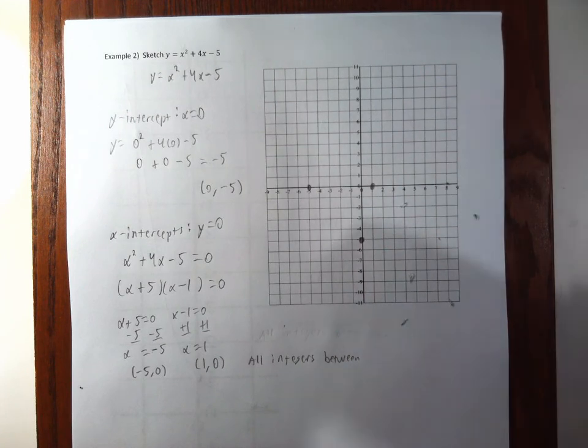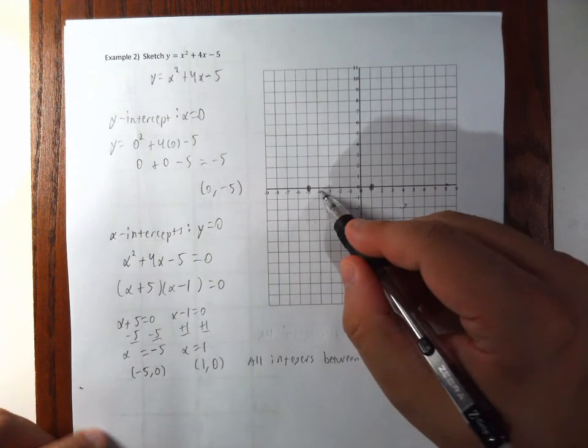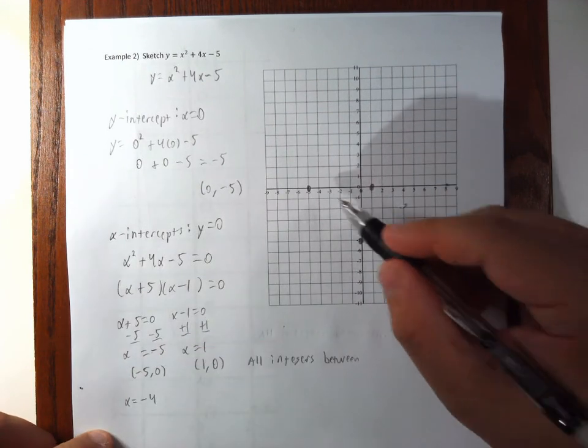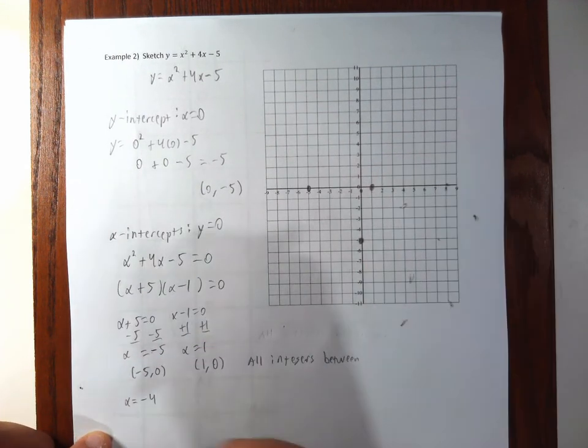Here's negative 5. I'm going to start with negative 4. I'll also do negative 3.